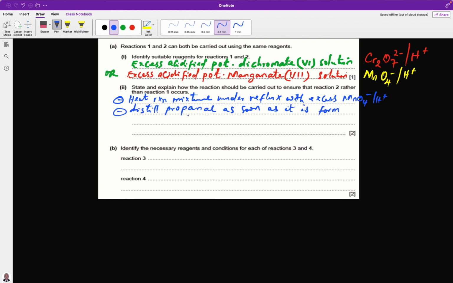Distill propanol as soon as it is formed, because or else it will undergo further oxidation to what? To propanoic acid.